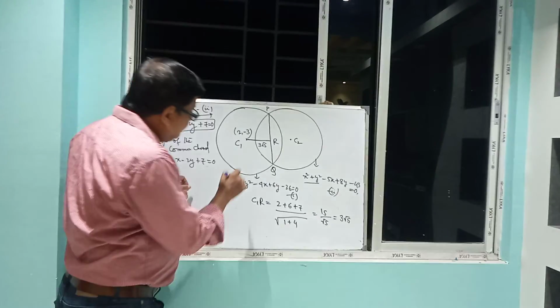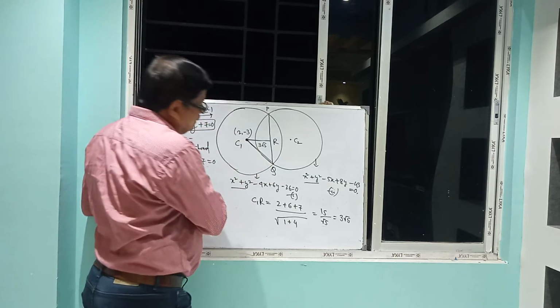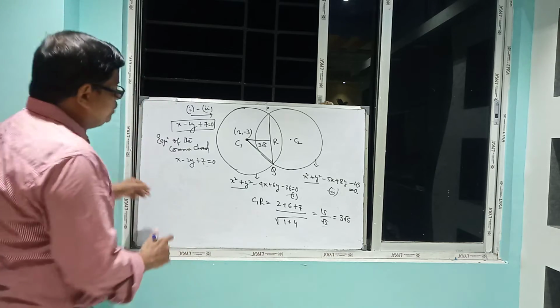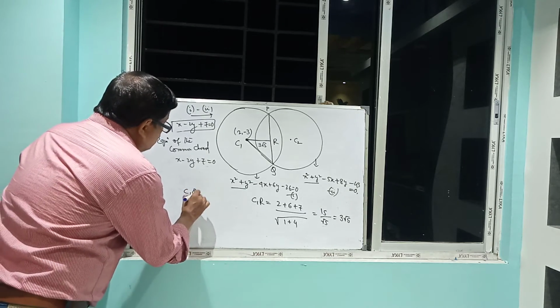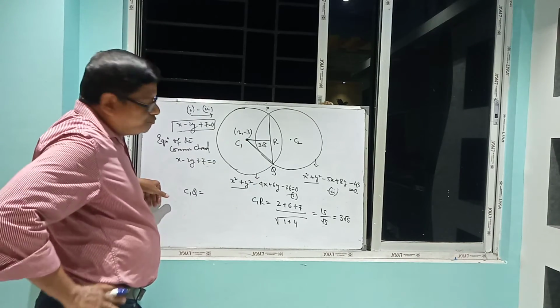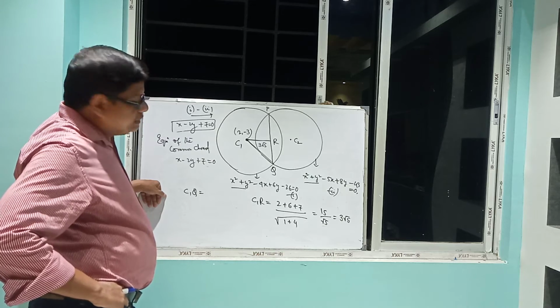Now find out the radius. This is the center, and this is the radius, no? So radius is root under g square plus f square minus c.